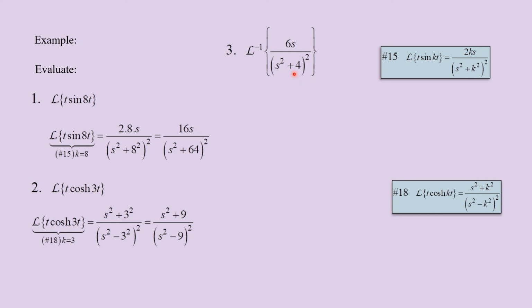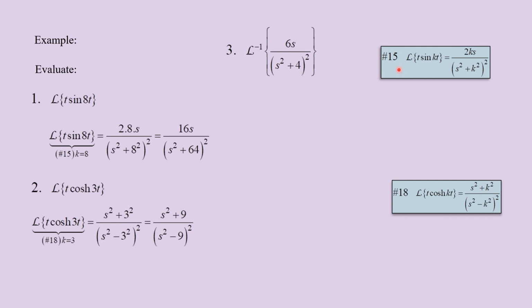Look at the denominator. The denominator for formula number 15 is s squared plus k squared everything squared. And for this problem, the denominator is s squared plus 4 everything squared. So they are similar. Therefore, k squared is equal to 4, and hence k must be 2.